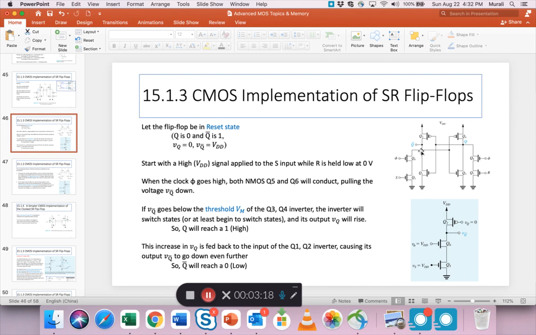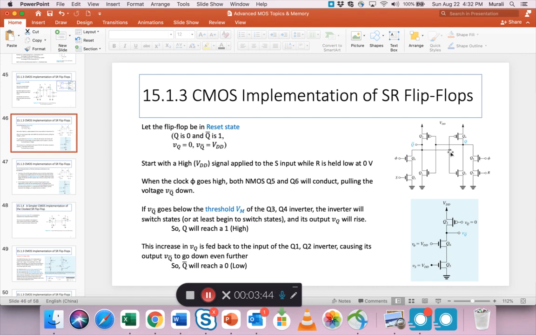this point, which is the input to this inverter consisting of Q3 and Q4, will go low, because you know that the MOS AND gate operates like a pull down network, and the output goes low.